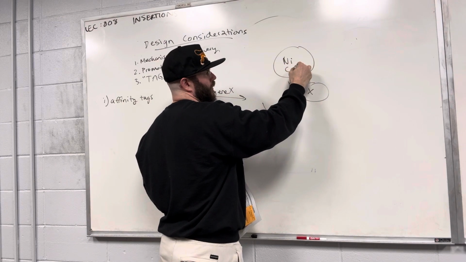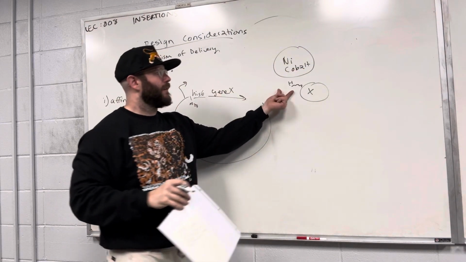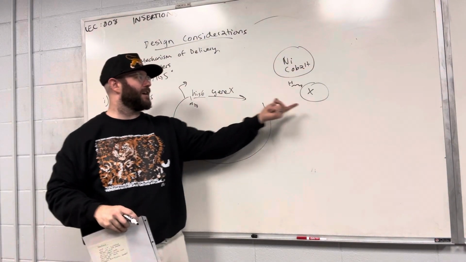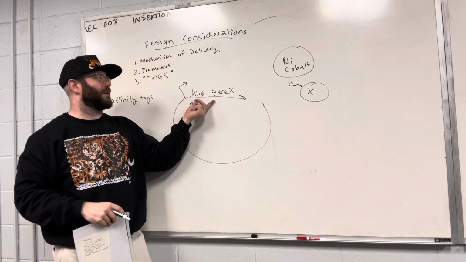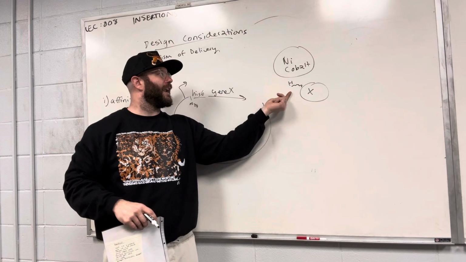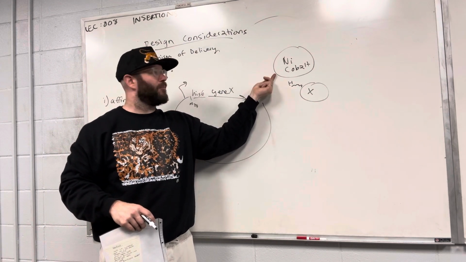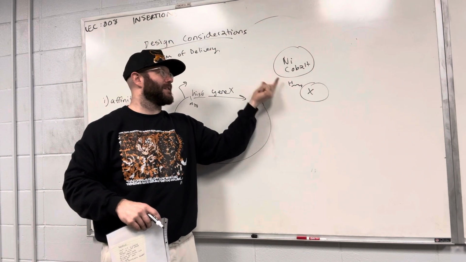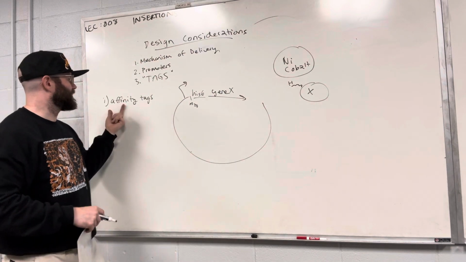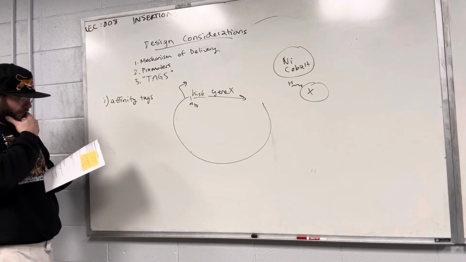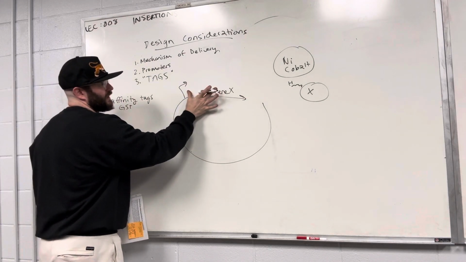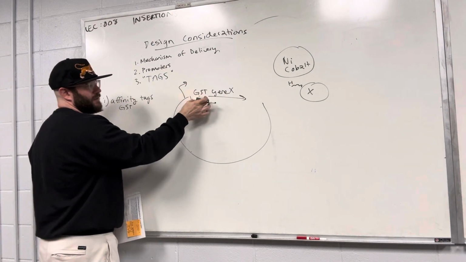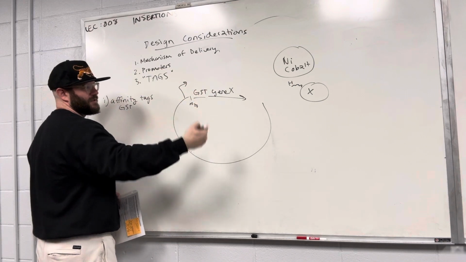nickel or cobalt, okay? That can be useful if you want to make a bunch of this protein and then purify it. You've now constructed a specialized protein that you're able to purify by getting it to bind to beads. Okay, that's an affinity tag. Another affinity tag is GST. So instead of His6, there's a protein called glutathione S transferase.